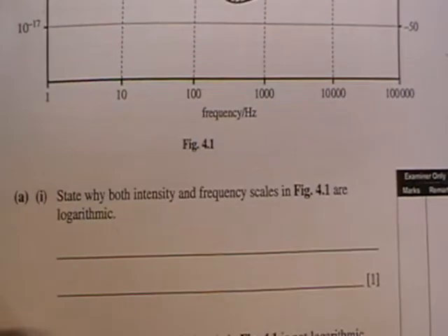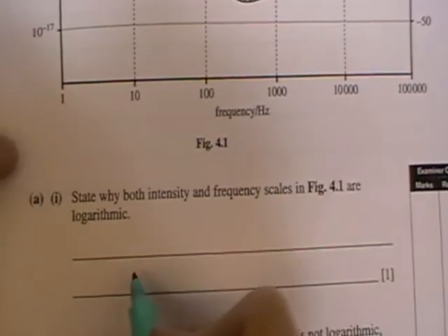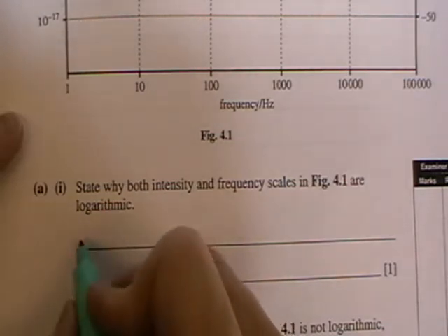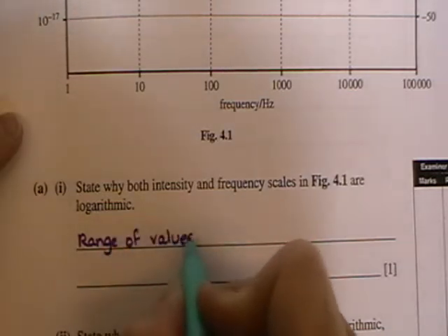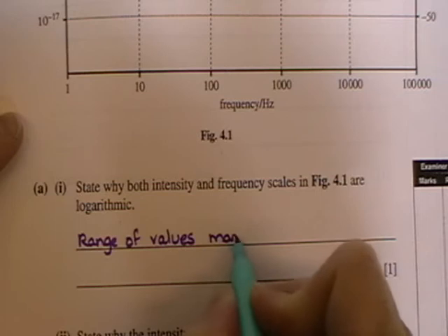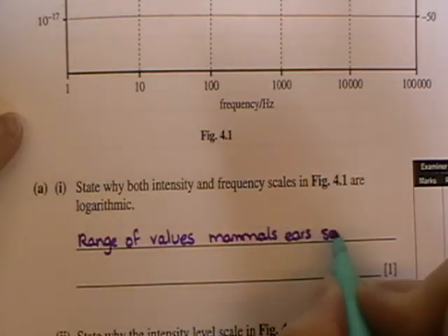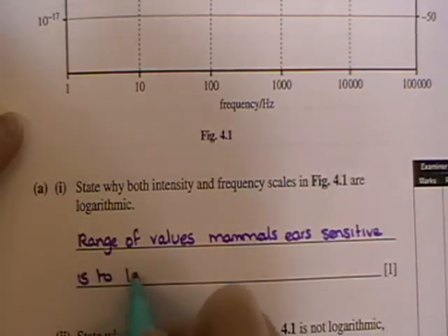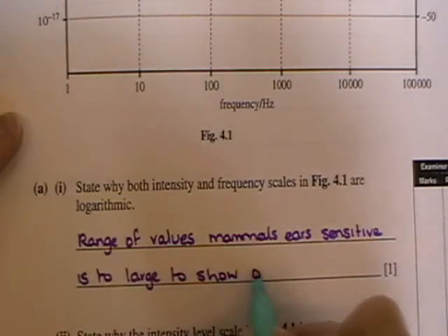So state why the intensity and frequency scales are both logarithmic. And the answer is, the same answer as always, that for a small mammal just like us, the range of values that the mammal's ears are sensitive to is too large to show on a linear scale.